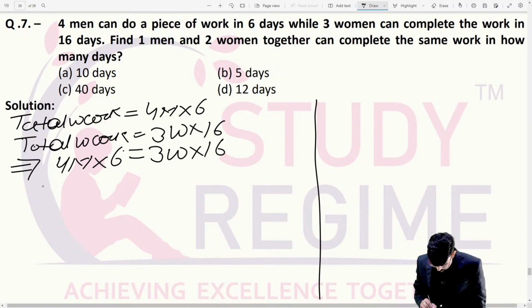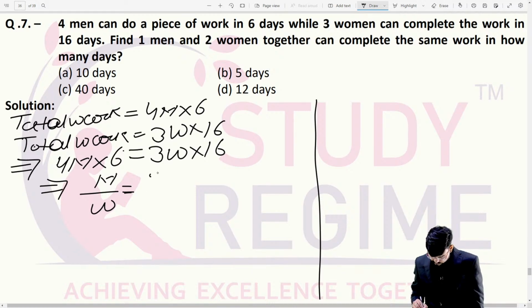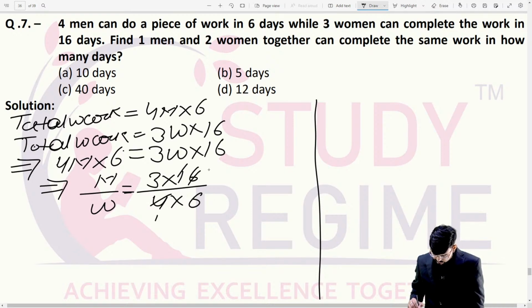I will find the ratio or the efficiency of men to women. Men upon women, you will get 3 into 16 upon 4 into 6. Dividing, 4 fours are 16, 3 twos are 6, so the ratio is coming to 2:1.